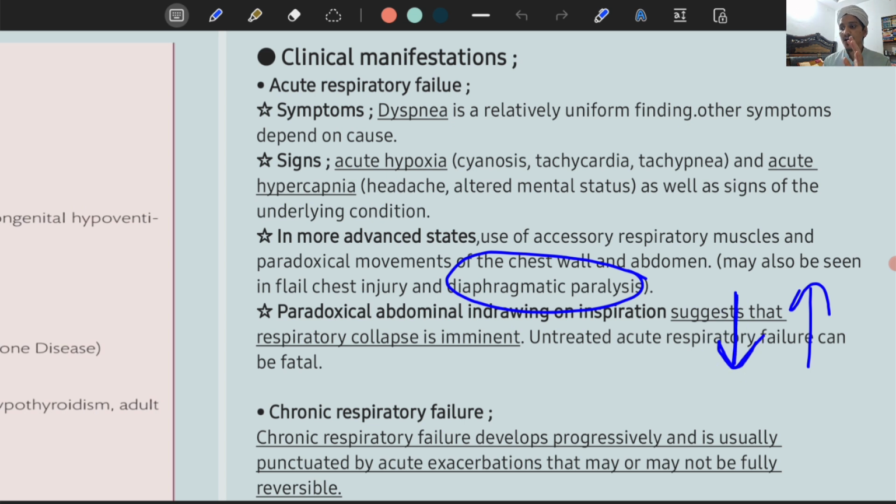So that is abdominal paradox, and you will see abdominal indrawing because of diaphragmatic paralysis. Okay, so you can see these paradoxical movements of chest and abdomen in flail chest injury and diaphragmatic paralysis respectively, and this is a very bad sign. That indicates imminent or impending respiratory collapse.